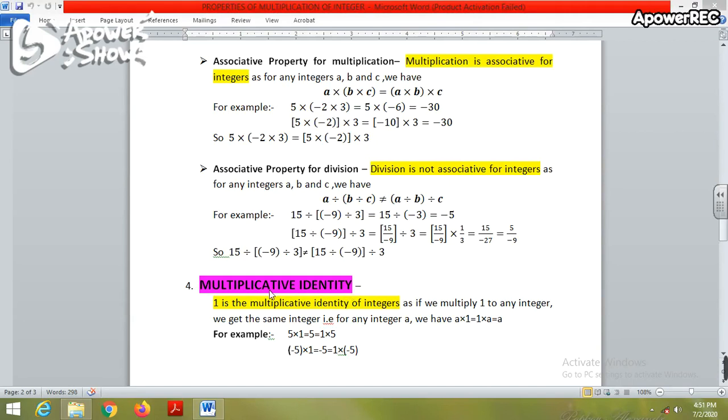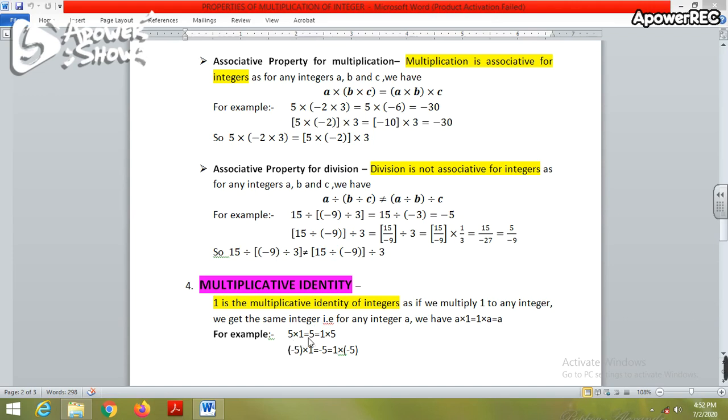Now let's move to the fourth property, which is multiplicative identity. Multiplicative identity says that a number is a multiplicative identity for integers if we multiply any integer with that number, then we will get the same integer back. So in case of integers, 1 is the multiplicative identity. Why? Because if you multiply any integer by 1, you will get the same integer back.